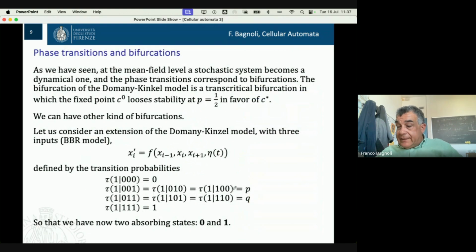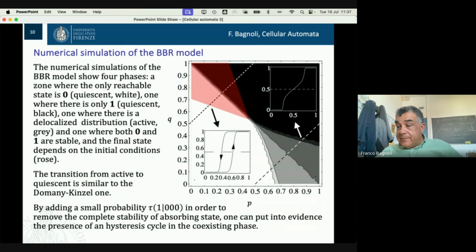Now we have seen that the phase transition in statistical mechanics or in Markov processes at the mean field level corresponds to bifurcations in the corresponding dynamical systems. We can, for instance, check all this by exploring another model which is called the BBR, which is just an extension of the Domany-Kinzel model.